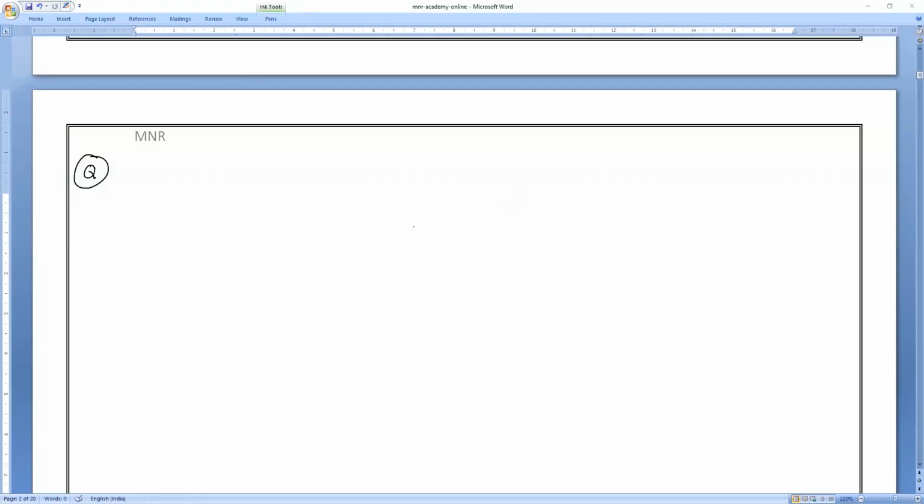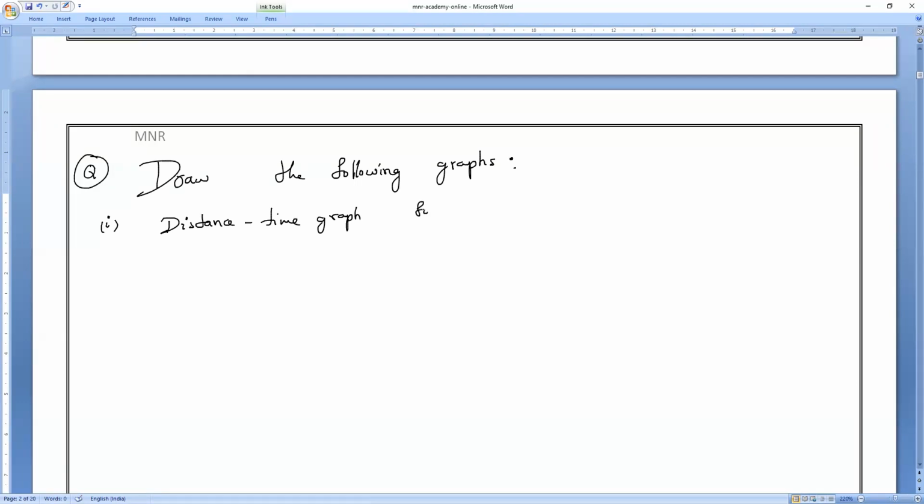Next question. Draw the following graphs. One: distance time graph for a body at rest.